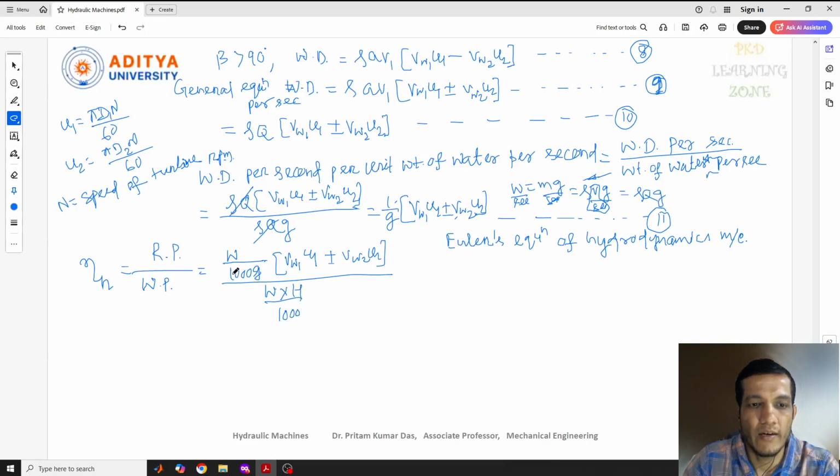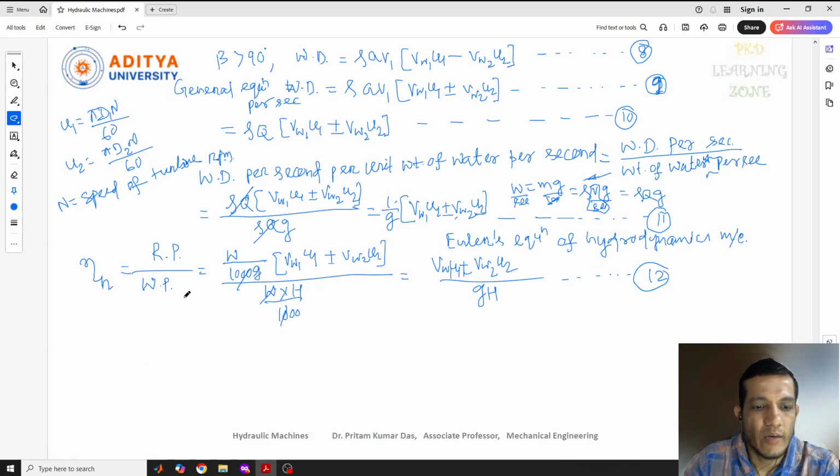Now here we can cancel this W and 1000, all the things will be cancelled. So the remaining part is VW1 U1 plus minus VW2 U2 divided by gH, where the g part comes down. This is another equation, equation number 12.